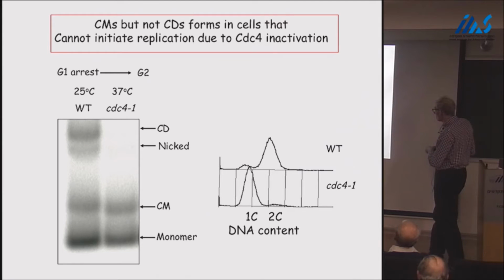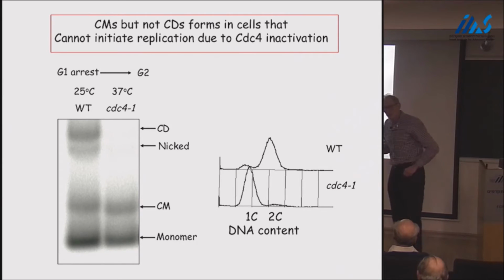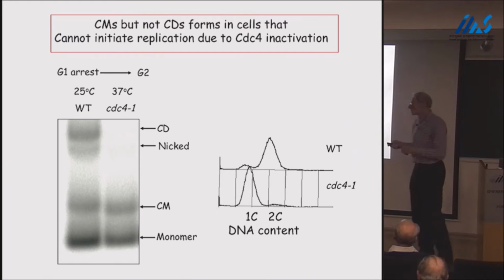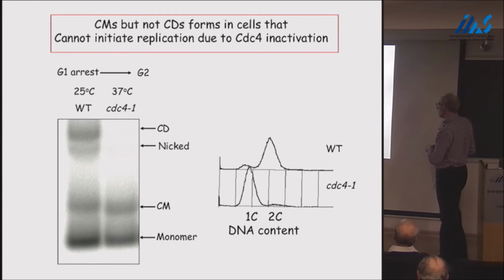But if you prevent it from undergoing replication by blocking degradation of the yeast equivalent of P27 that Avram talked about yesterday, then the cohesin is made, it goes onto chromosomes, they don't replicate, you don't form CD, but you still form CM.